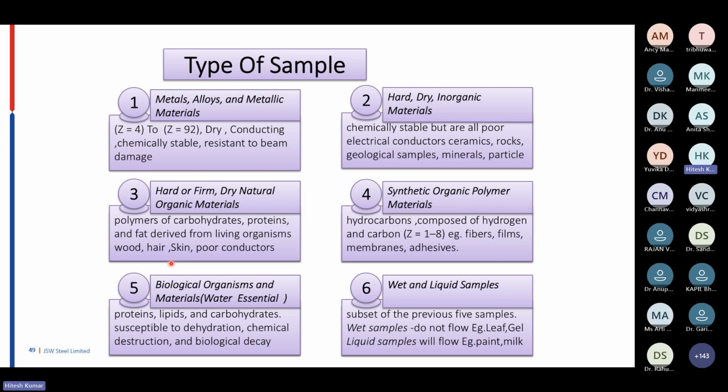There you are going to get appropriate information about your samples. Polymers you can use in high vacuum as well as low vacuum, depending on how much coating you are placing on your sample. So these are the things you have to take care of while using your SEM, like which type of SEM you can use.